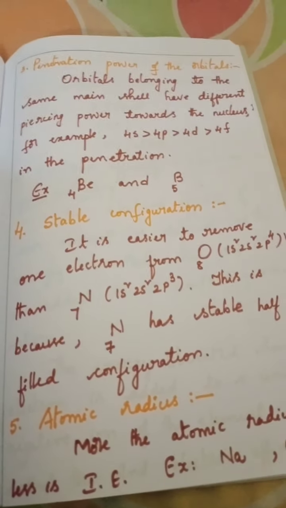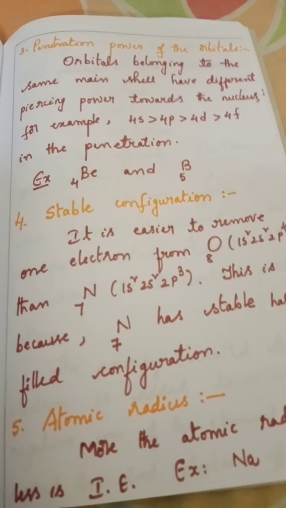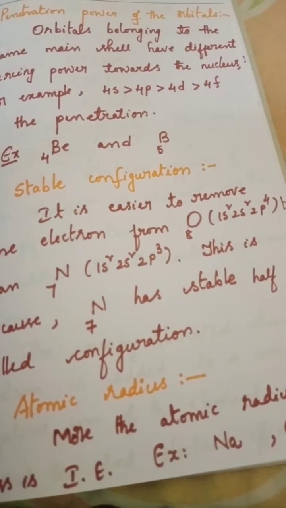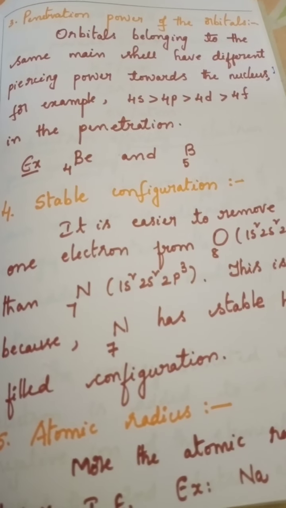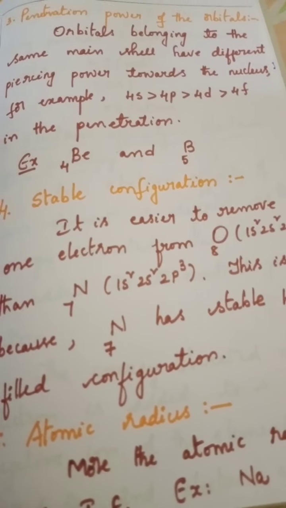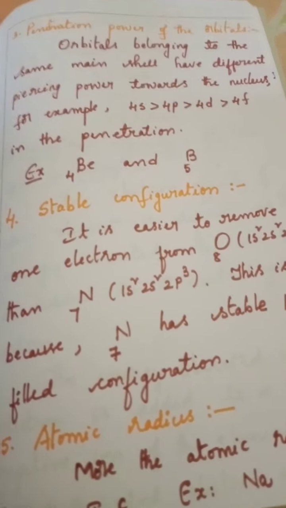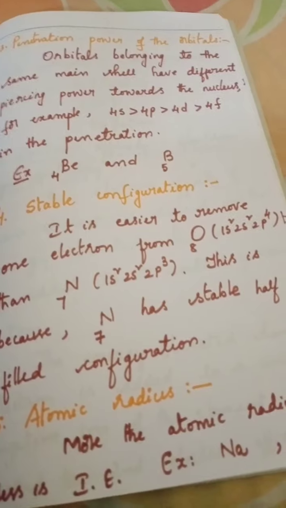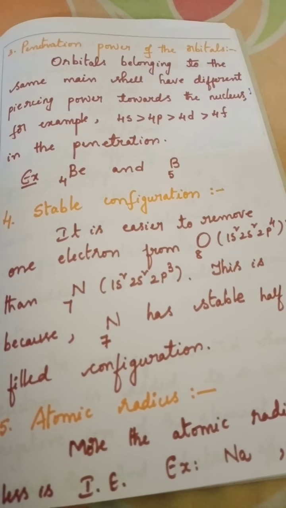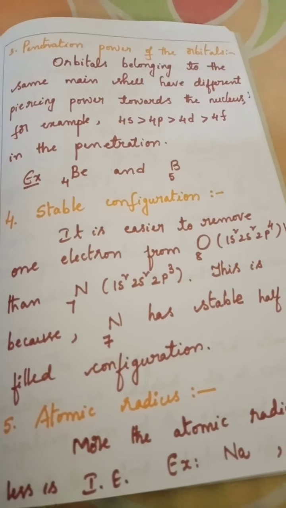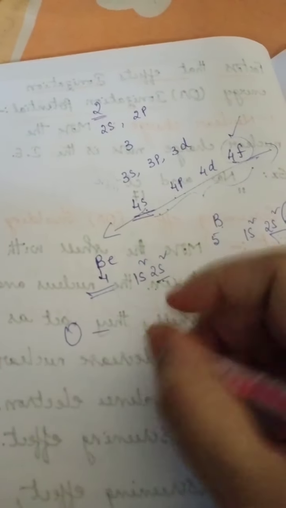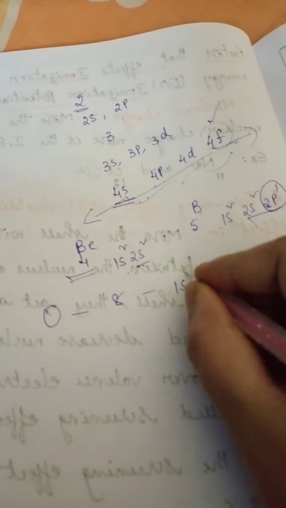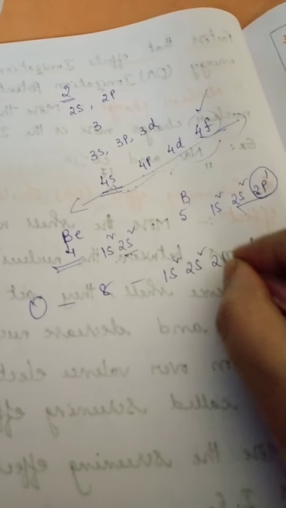Next one, stable configuration. Generally an atom is stable if its orbitals have half-filled or fully-filled electrons. When we consider oxygen and nitrogen: for oxygen, 8 is the atomic number, 1s2, 2s2, 2p4.